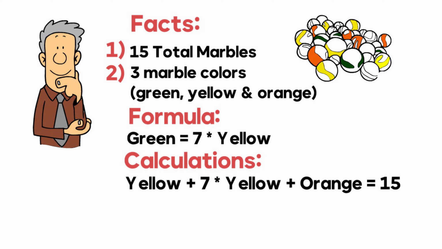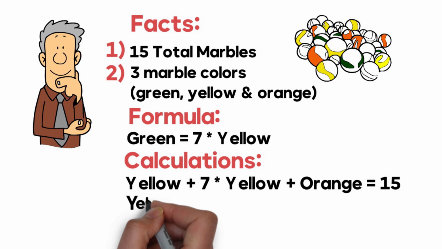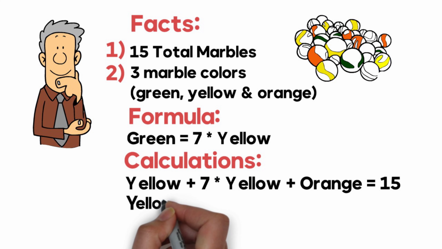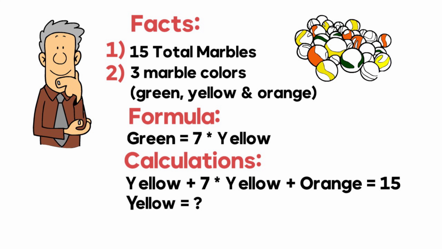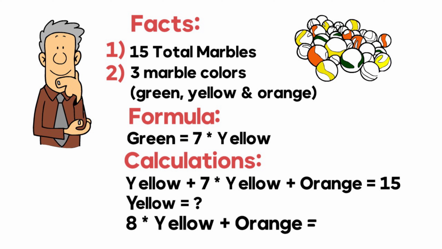Because 15 is a relatively small number, we can start guessing how many yellow marbles are in there. Our ability to solve this challenge is based on the fact that there is a very small number of total marbles. If we simplify this formula, we get that 8 yellow marbles plus however many orange marbles equals 15.